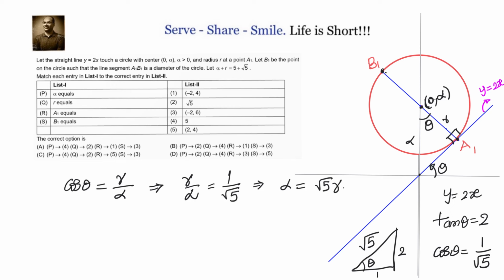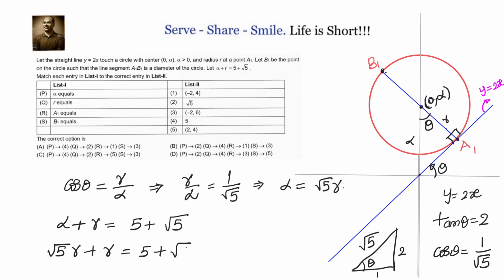So we can substitute there. In place of alpha, I will substitute root 5 r. Then we have root 5 r plus r equals 5 plus root 5.